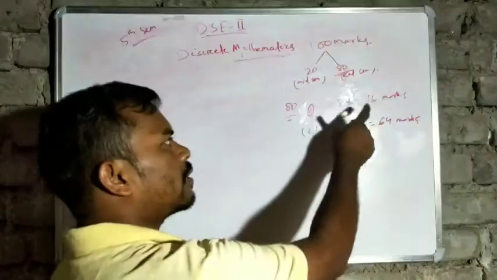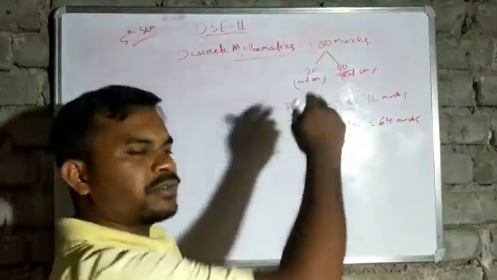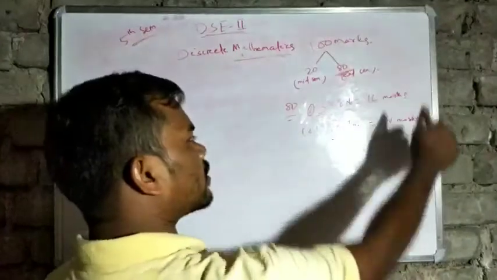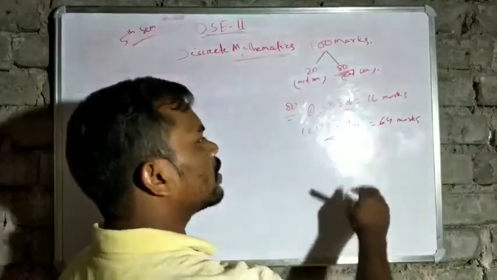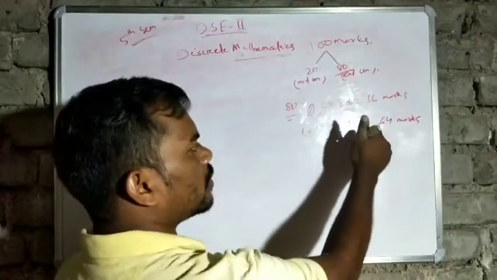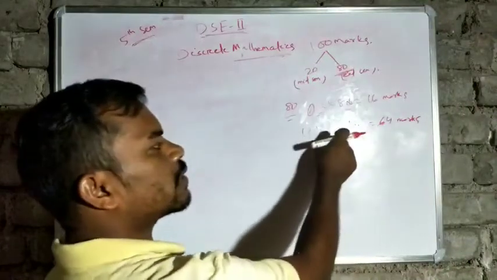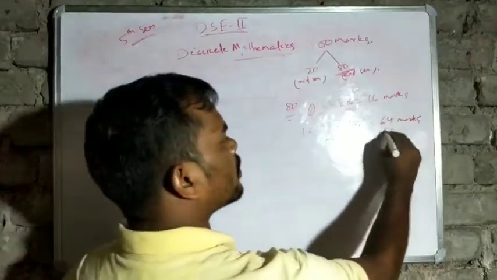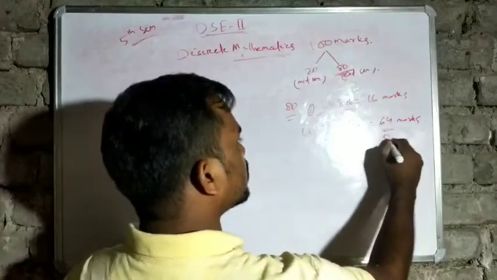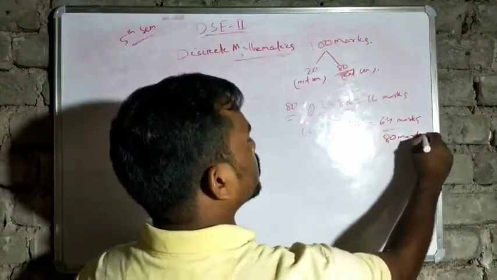So the total is 64 plus 16, which is 80 marks.